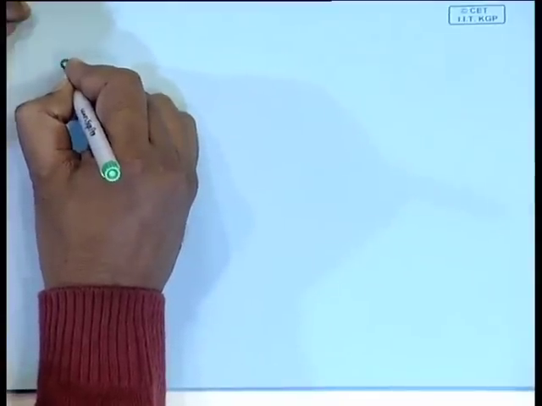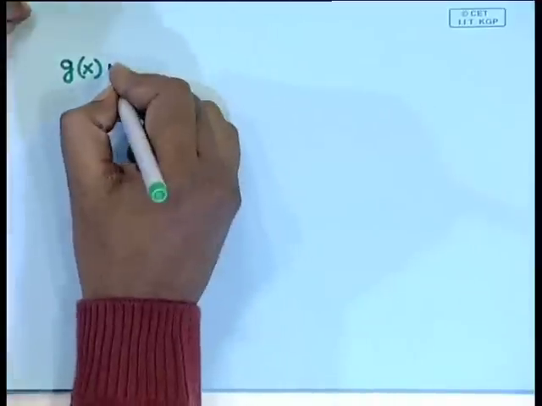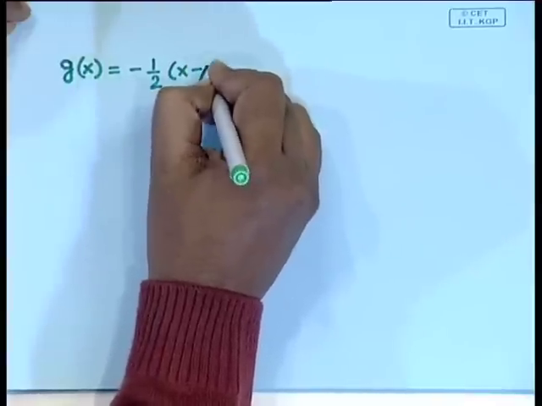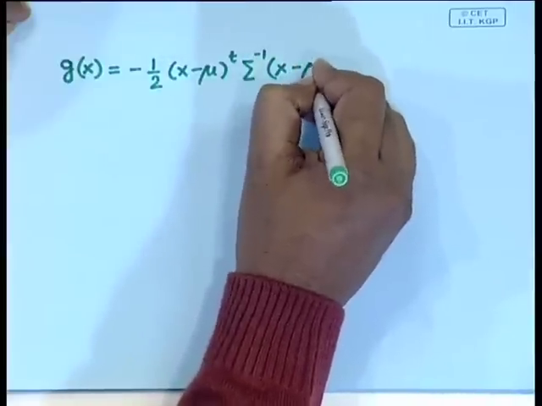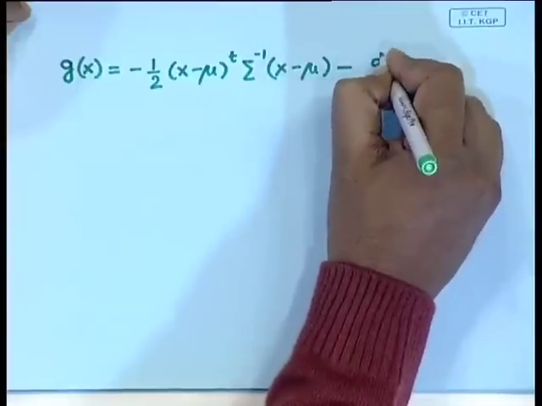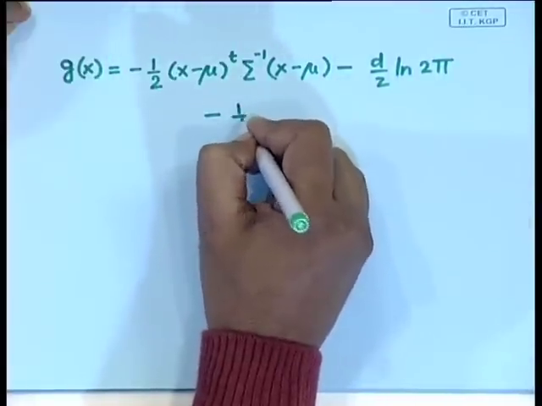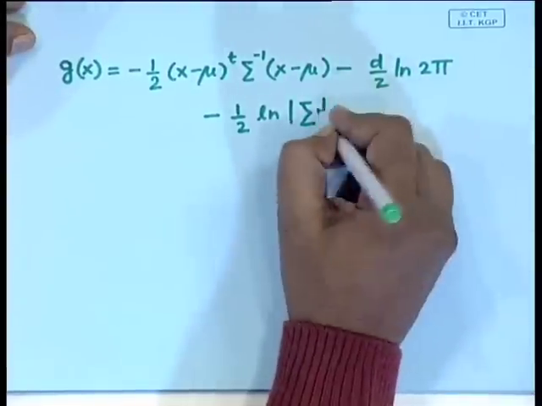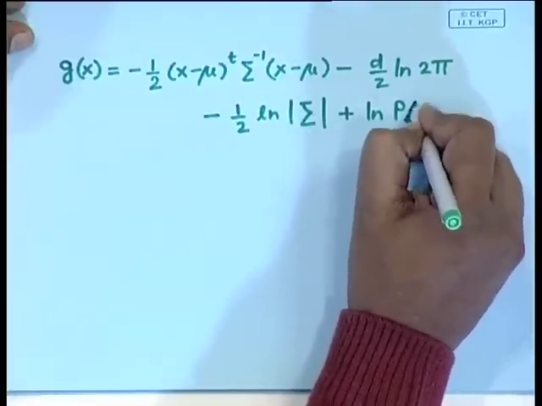So, earlier we said that the discriminating function g(x) for different classes is given by minus half (x minus mu) transpose sigma inverse into (x minus mu), minus d by 2 log of 2 pi, minus half log of the determinant of the covariance matrix, plus log of P(omega I).